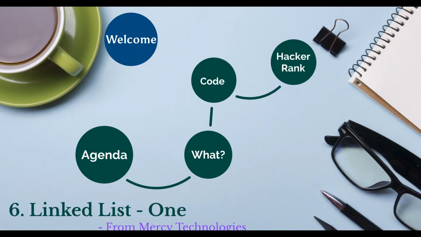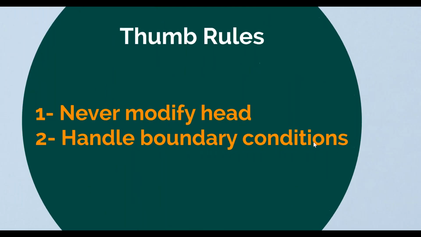And what is the second point? The second point is you have to handle the boundary conditions. Boundary conditions are nothing but dealing with null values, or dealing with empty values. I told you a linked list node is a Java class representation. When there is a class, when there is an object, there are very likely chances that it can be null, right?